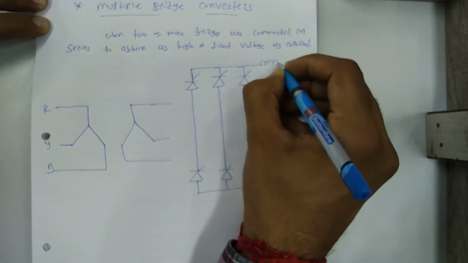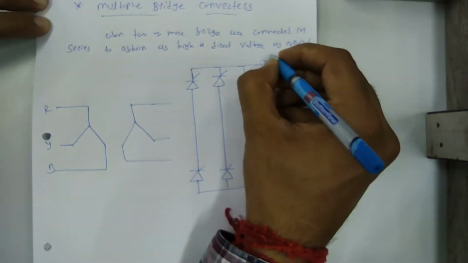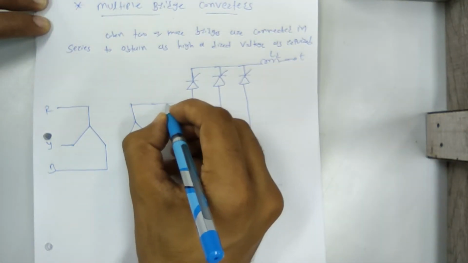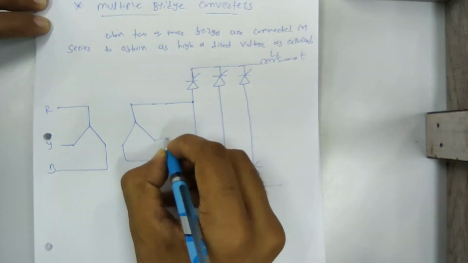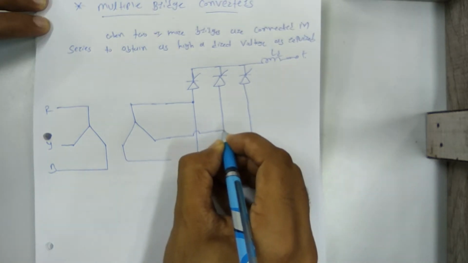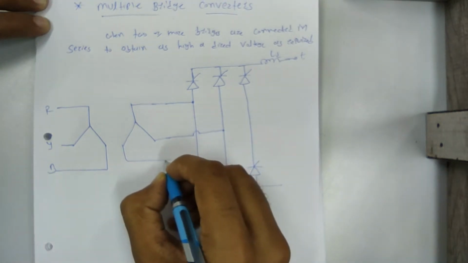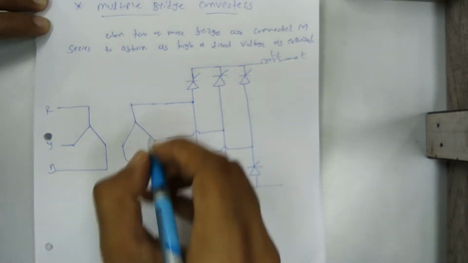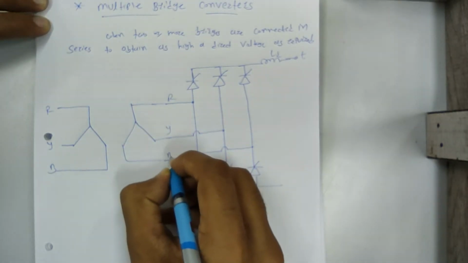This is the smoothing inductor, LD, positive polarity. So this R phase is connected with the first leg, Y phase is connected with the second leg, and B phase is connected with the third leg. This is R, Y and B.